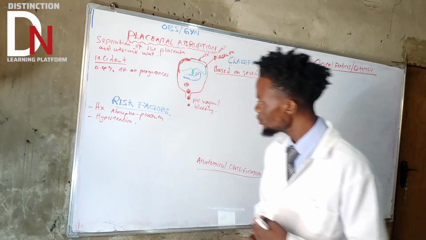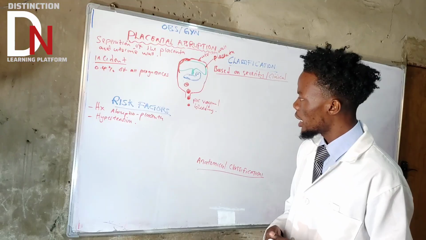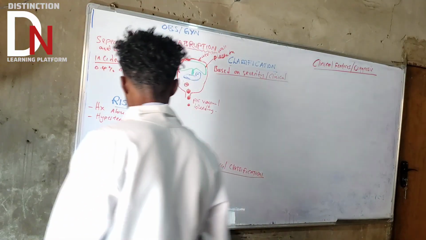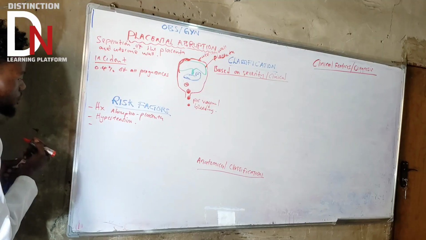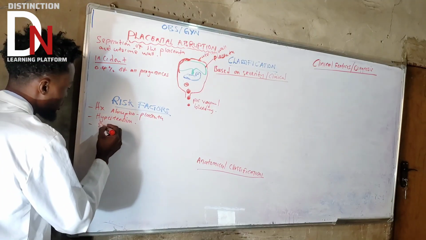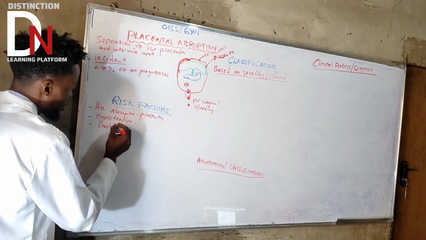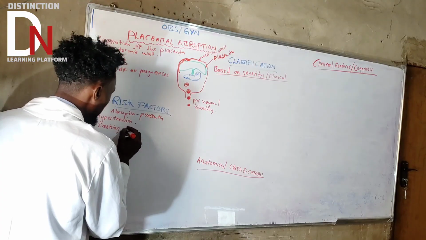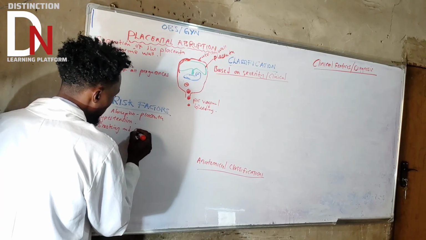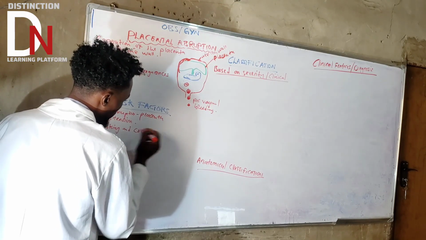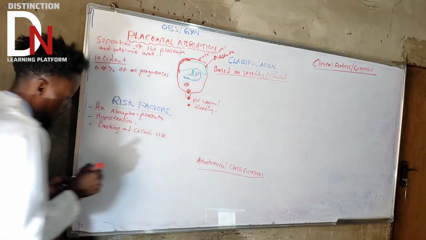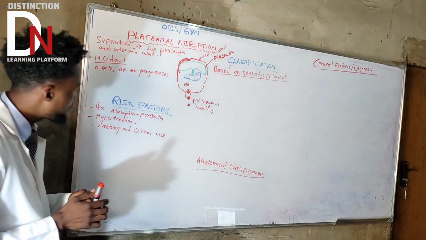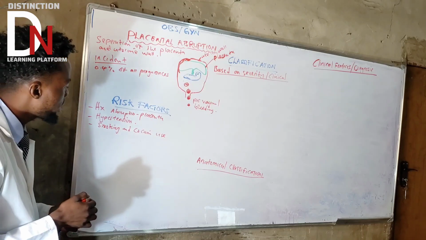Okay, now that is the risk factor. What else? Apart from that, there is also another one. It has also been shown that smoking, someone who smokes, and also cocaine use, they are at increased risk of developing abruptio placenta.